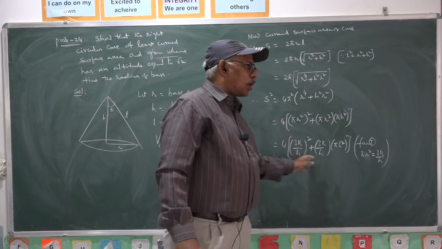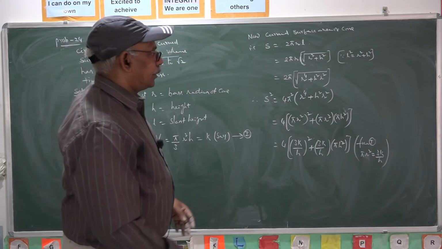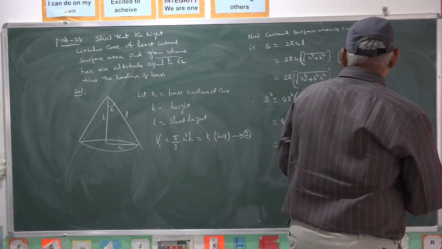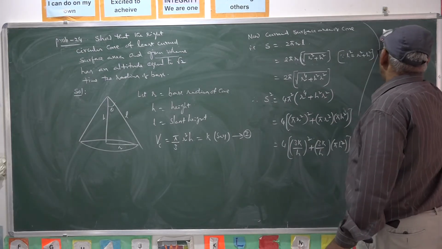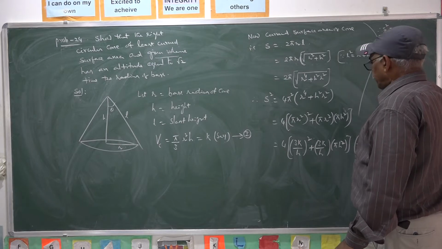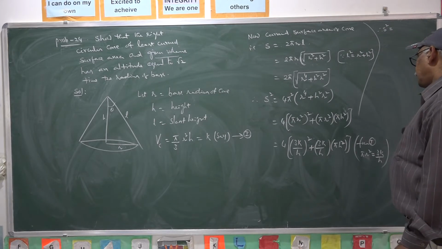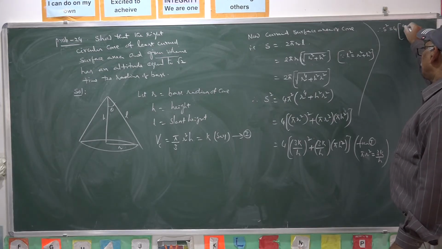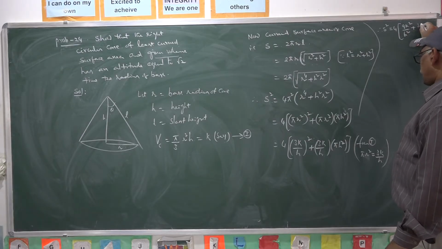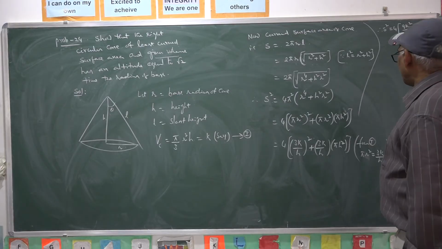Just I am removing this r square, writing S square completely in terms of h. So S square takes the value 4 into 9k square by h square plus 3 pi k h.